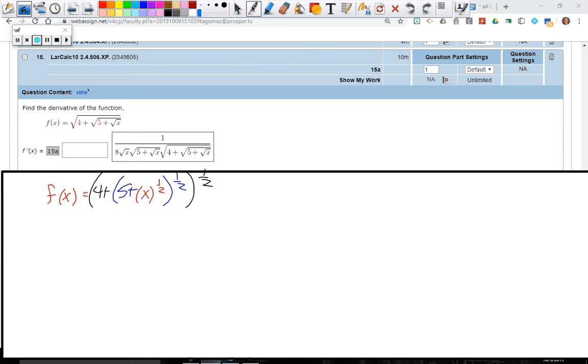So let's go ahead and take the derivative. The most outer shell is going to be 1/2 of all of this stuff to the negative 1/2. So it's just carbon copied, and then it's times the derivative of the cream.